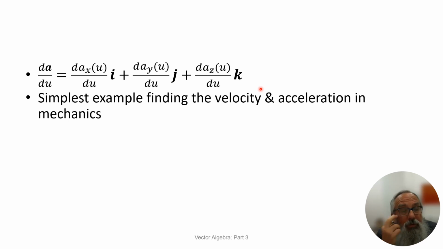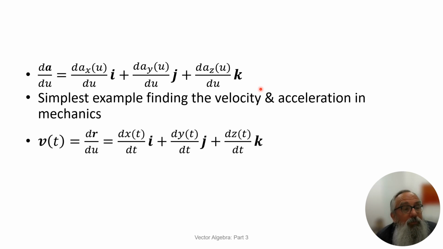Let's just think about this in terms of velocity and acceleration in mechanics. If we have a position vector, we look at that change in position vector with time, we get a velocity, we differentiate that velocity, we get acceleration. You know that. Let's see how we do it for vectors. So a position vector r, we're going to write it as x, y, z. Differentiated with respect to time, so dx/dt, dy/dt, dz/dt, that is now given as our velocity vector.